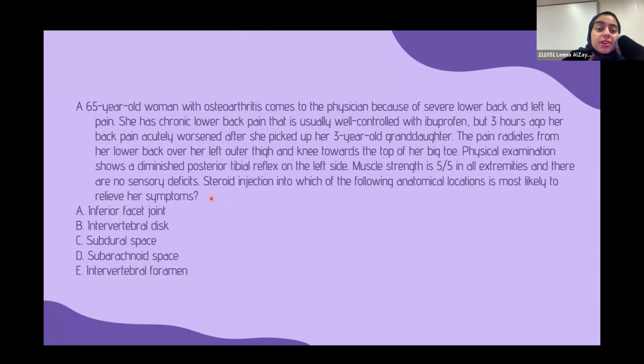I thought this question was very interesting and I never thought of it. Yes, good job. It is E. So it's the intervertebral foramen. I put this question because I was confused about it in the beginning and thought I was smart. Basically I thought, oh, probably she has a disc problem because she's 65 years old and her disc is probably protruding. So I said the intervertebral disc is where you relieve her symptoms because it's the problem.